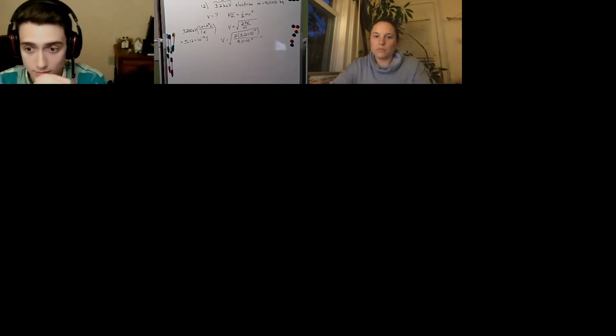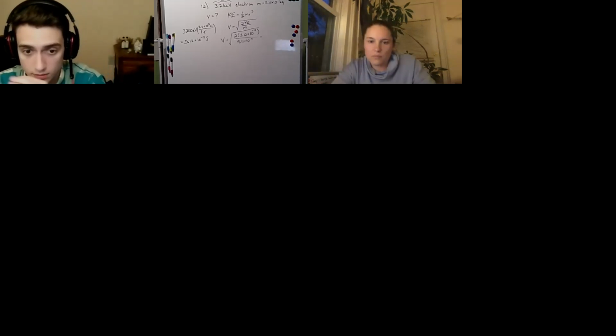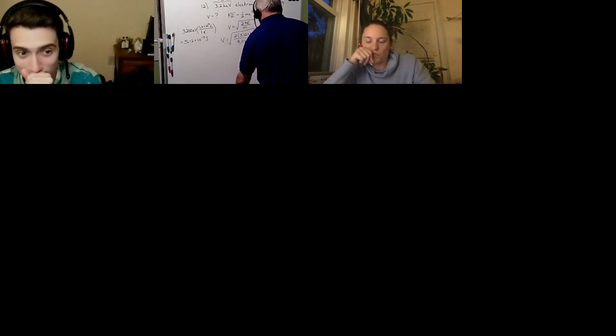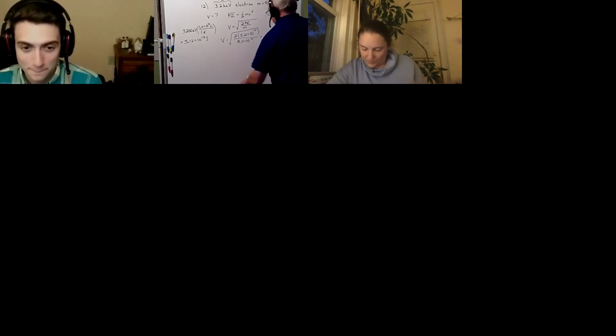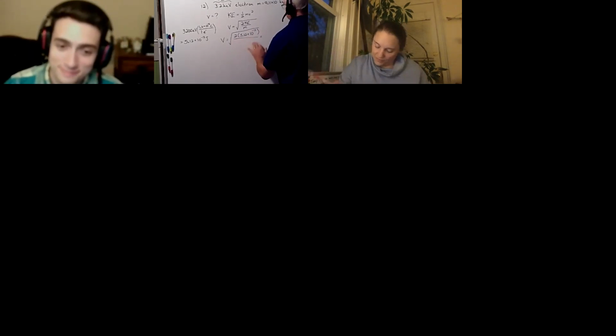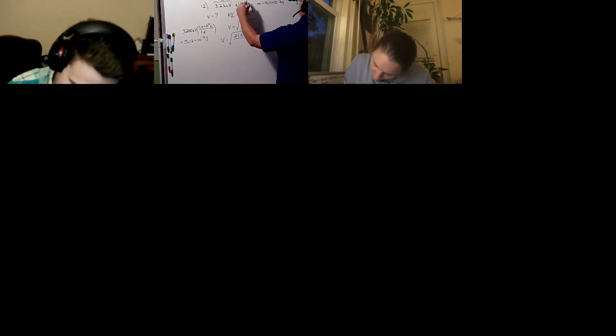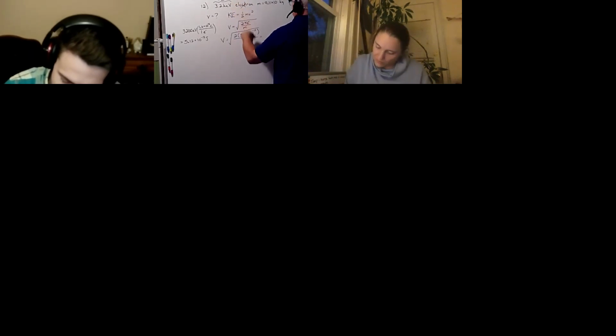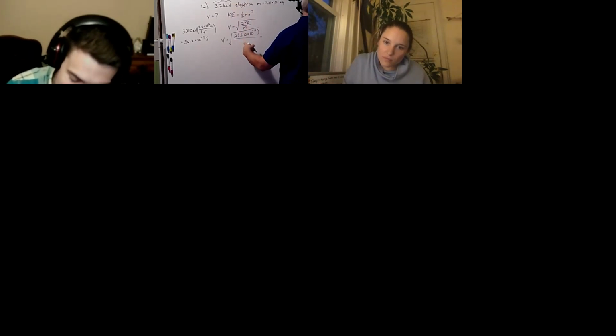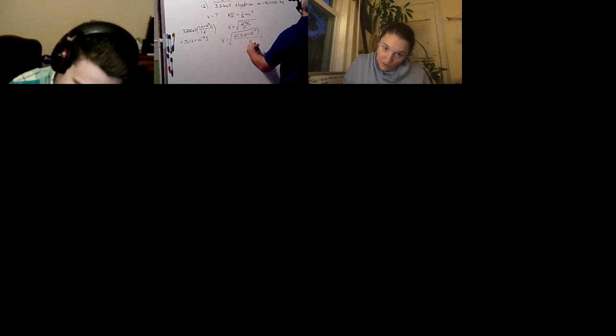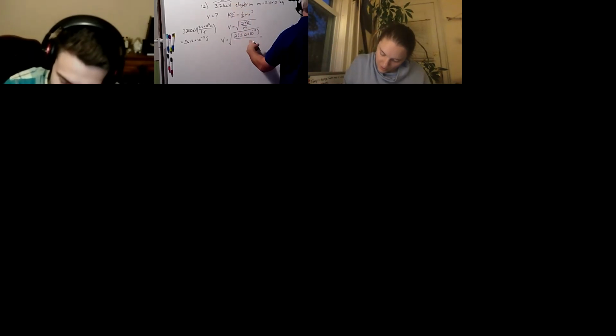Sorry, you know what? This is actually supposed to be a proton instead. If you did it at home, this turns out to be 1.06 times 10 to the 9th power.